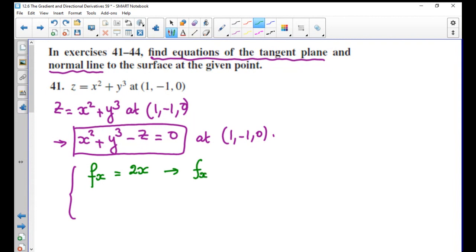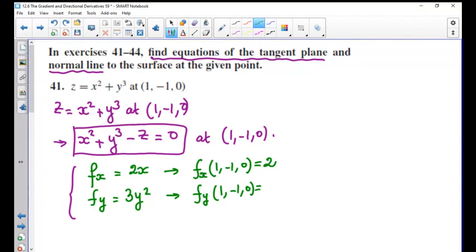So fx at the point (1, -1, 0) is going to be 2. And then you need to find fy, which is 3y squared. So fy at (1, -1, 0) is going to be 3. And finally, fz, which is minus 1. So fz at (1, -1, 0) is minus 1.